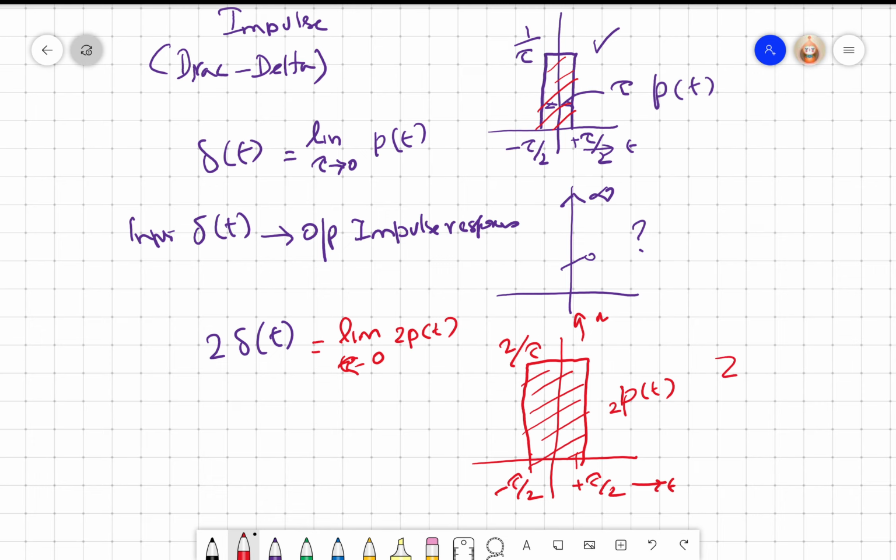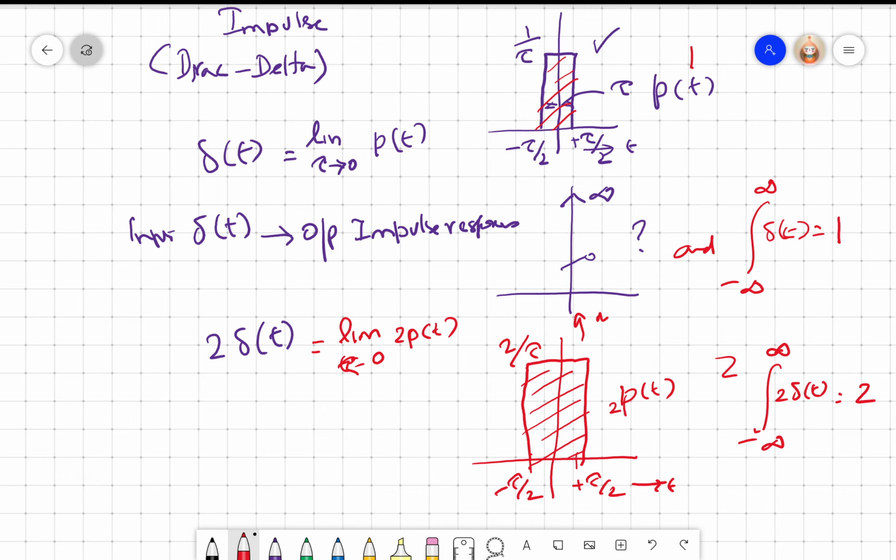The area under the curve is 1, so one way of putting it is the integral from minus infinity to plus infinity of del of t equals 1. If I find the area under the curve, it has to be 1. And the integral from minus infinity to plus infinity of 2 into del of t, of course, is 2.